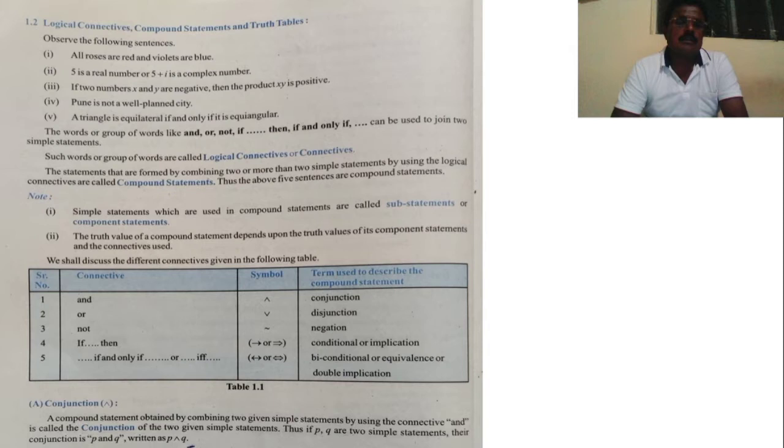The second simple statement is Q: violets are blue. These two simple statements we connect by the connective and.